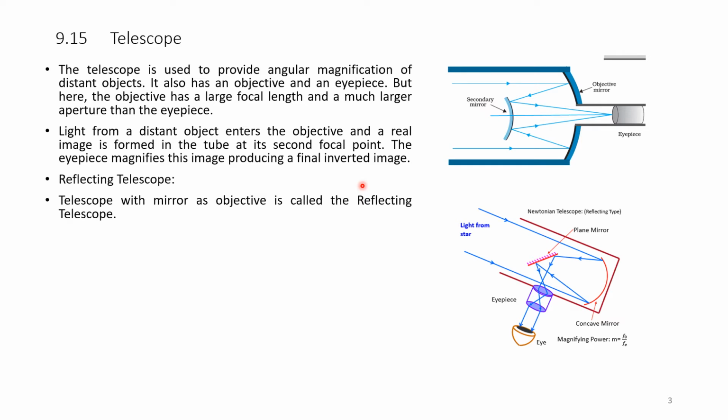Reflecting telescope. The main considerations with an astronomical telescope are its light gathering power and its resolving power. The former clearly depends on the area of the objective; with larger diameters, fainter objects can be observed.